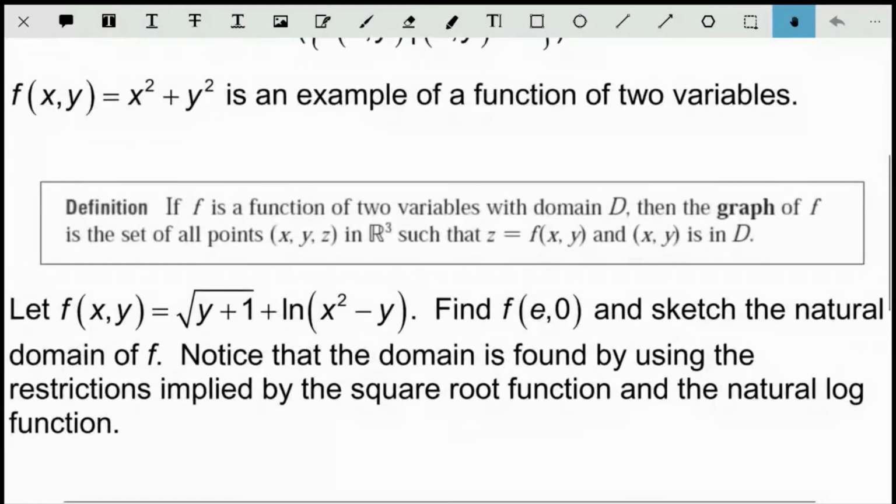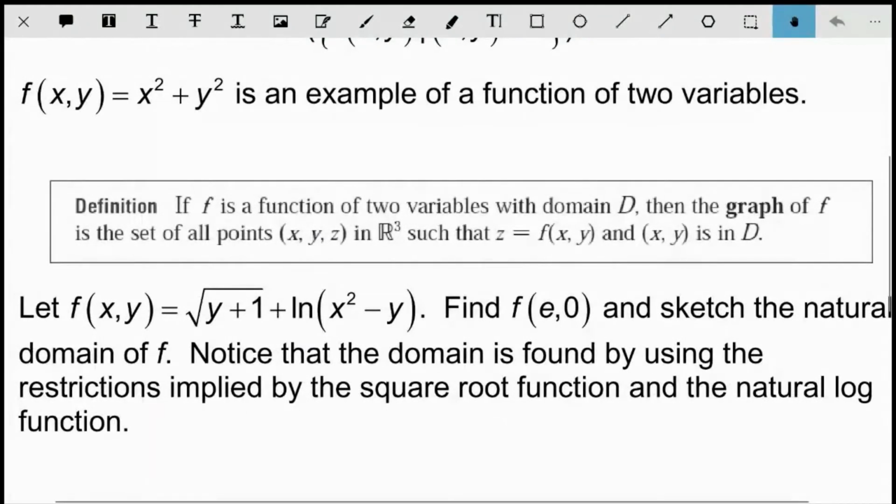So from a domain standpoint, all of the values of x and y that are defined for us would be the domain of my function. And we can graph the domain, and we can graph the range as well.